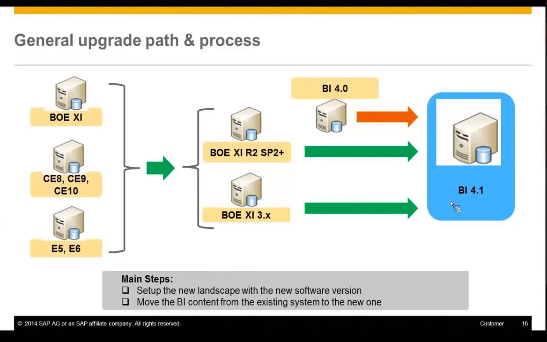And then coming to 4.1, suppose you are on XI release 1 or classic Crystal 8, 9, 10, or classic BOJ 5 or 6, you have to first come to R2 or 3.1. From 3.1 or R2, you can directly come to the 4.1 platform. But if you are a customer on 4.0, it's called an update.